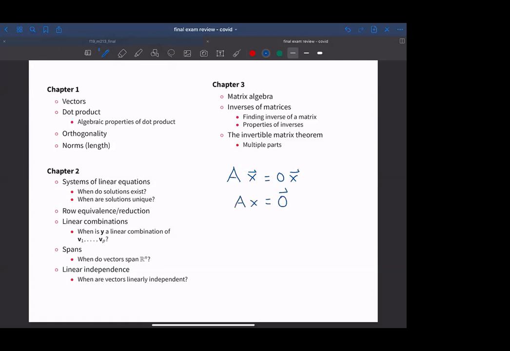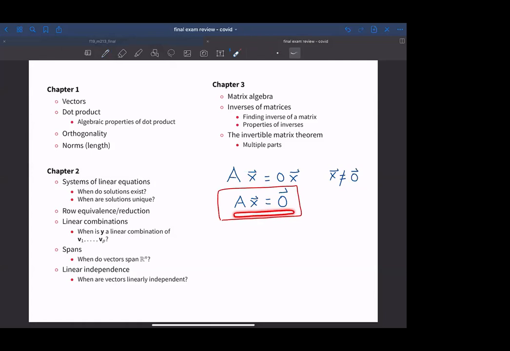And again, every eigenvector has to be non-zero, right? So the eigenvectors have to be non-zero. So if 0 is an eigenvalue, then there's a non-zero vector x that satisfies this equation.